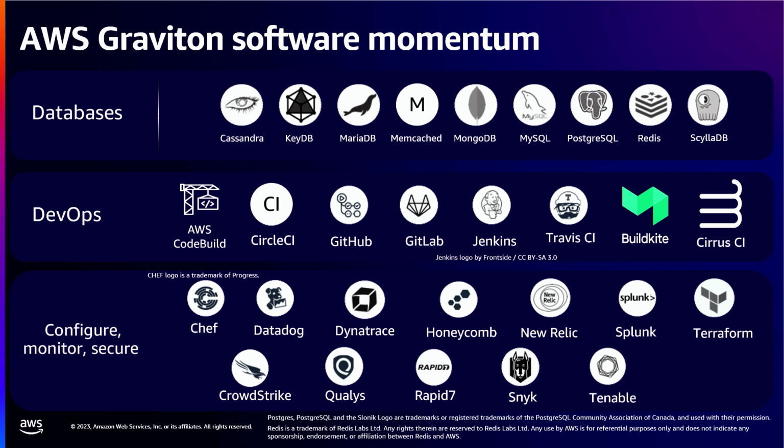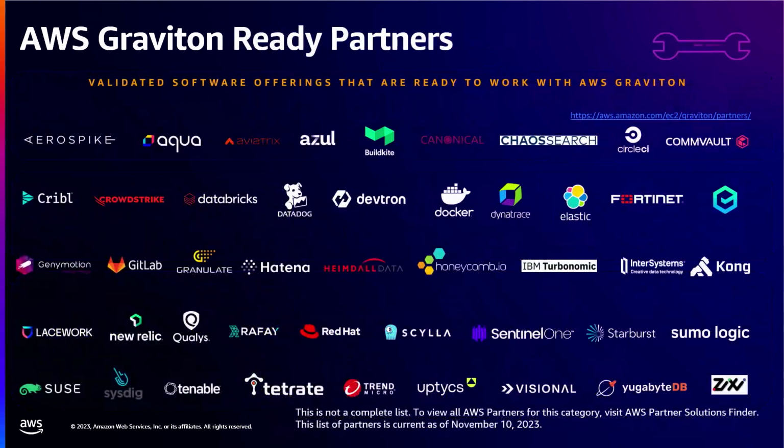This is a partial list, and there's more coming up as part of our Graviton Ready Partners program. This is a program that we launched a couple of years ago to really continue to fuel the momentum that we're seeing in the ISV software ecosystem for Graviton support. And what these partners do is they have validated software offerings that are ready to work with Graviton, right?